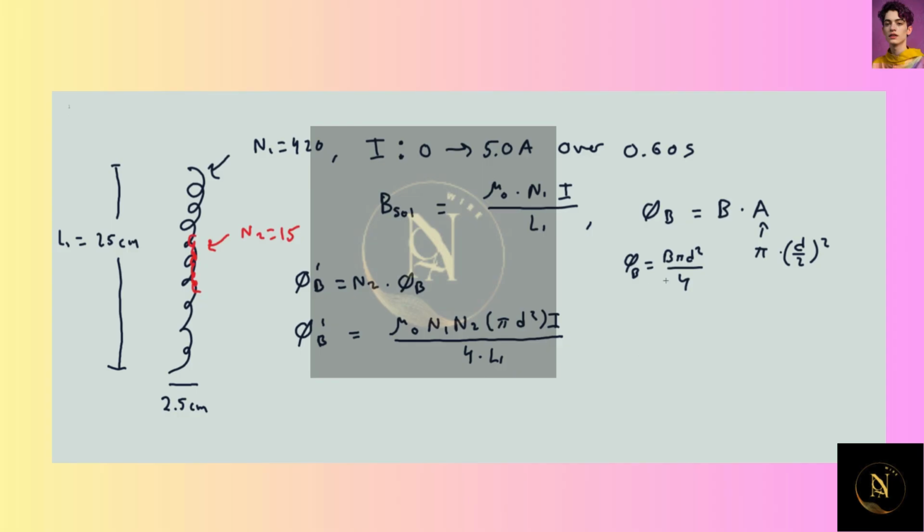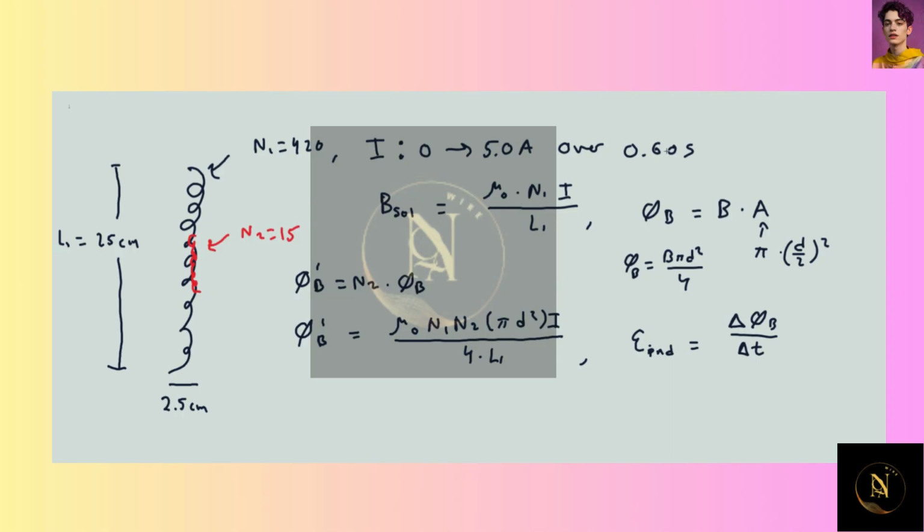So we know also that the induced EMF is given by the change in magnetic flux over some unit time. So the flux, which goes like the current, will transition from having a minimum value of 0 to a maximum value, and that value is when the current is maximized at 5 amps.